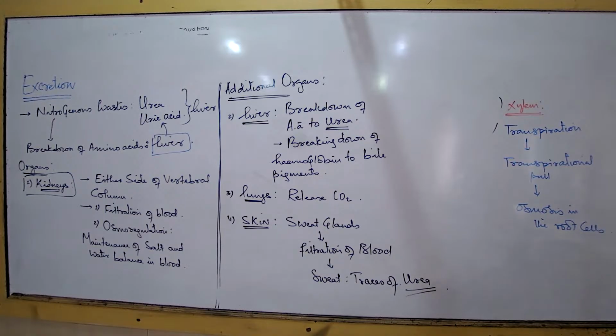Listen to my question. Name the blood vessel which carries oxygenated blood away from the heart. What will you write? You are all confused with pulmonary artery and pulmonary vein. Aorta. Aorta is the correct answer.